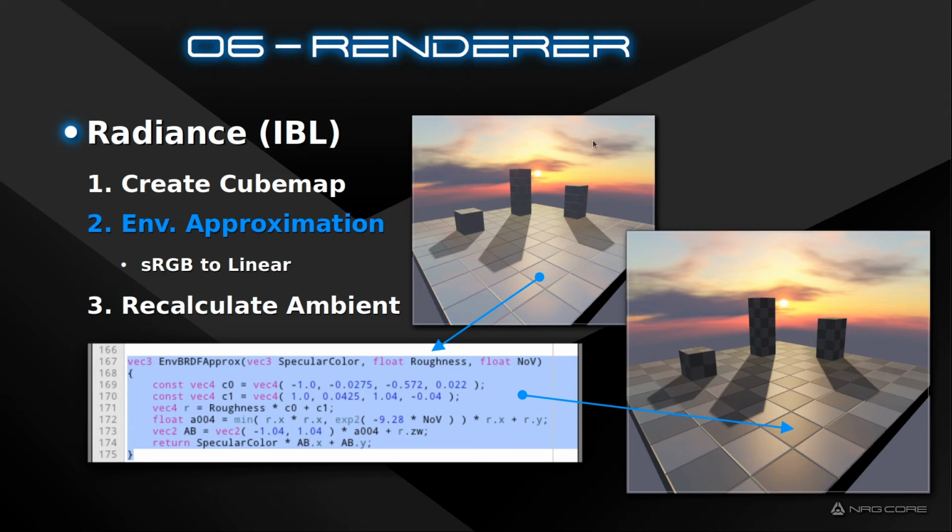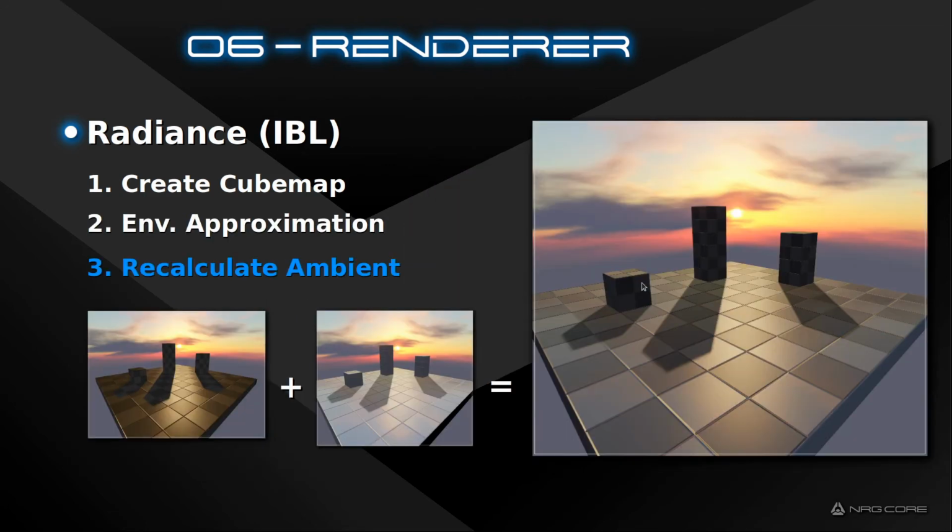We're going to convert it, and we're going to run our environment approximation function. As a result, by having the radiance specular IBL term passed to our function, this is basically the final result that we're going to have, mixing the two. And finally, we are going to use the step that we have done previously, our PBR lighting result plus our radiance result, our specular term of the ambient, will give us this final result.